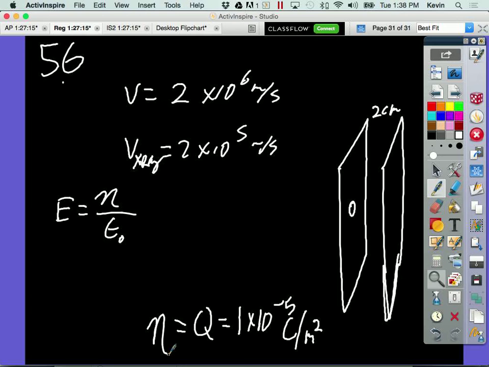Because it's coulombs per square meter, so this should be like Q per A. So just think of nu as Q. Remember how we did this, and this was Q over L? That's the linear charge density of an object. So nu is Q over A. It is the areal charge density of an object.